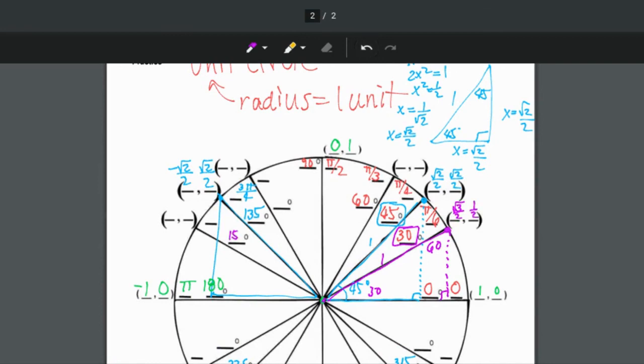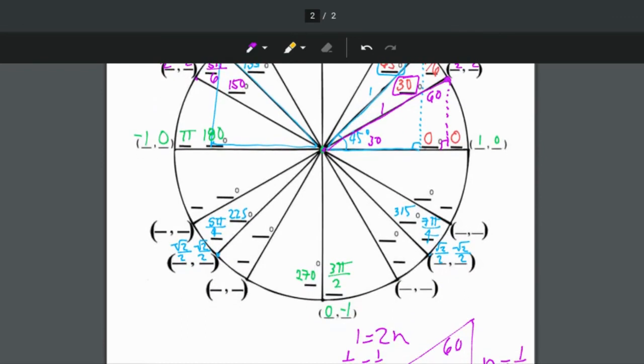So now let's complete all of the triangles that have a 30-degree angle with the x-axis. So this is just a reflection of the same triangle. So I would go negative root 3 over 2 and up 1/2 for the 150-degree angle.